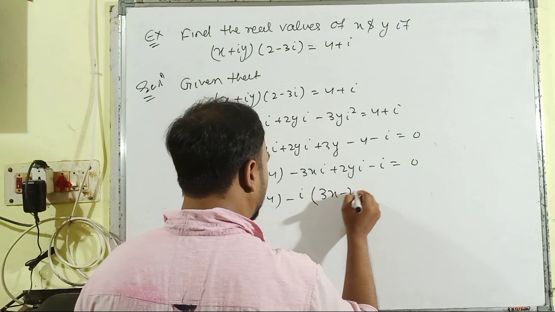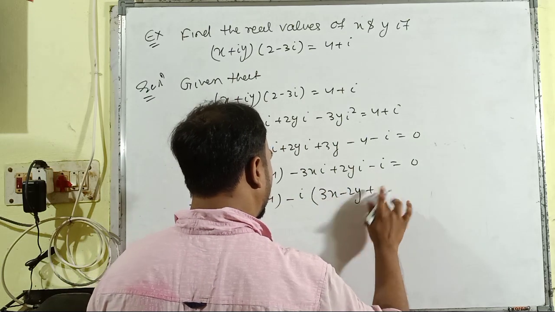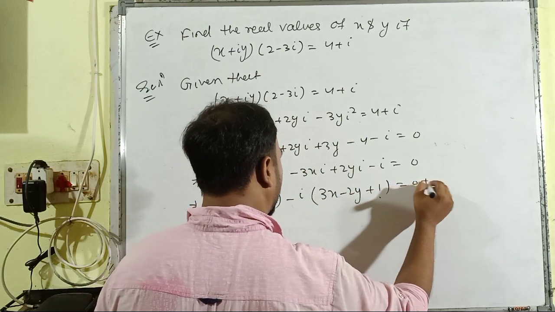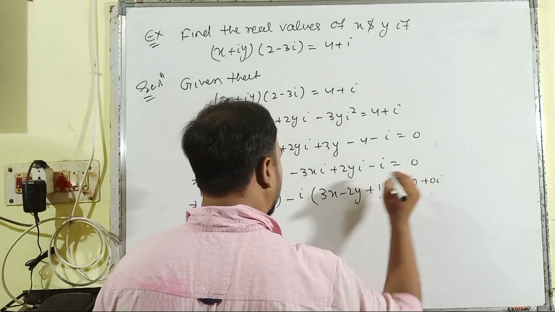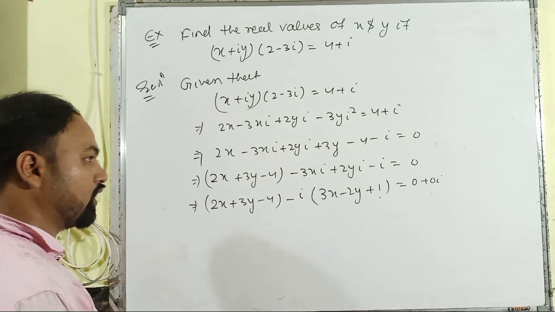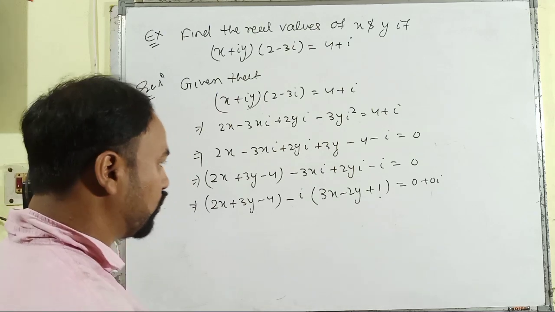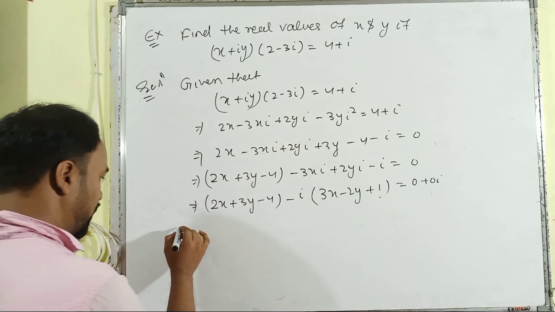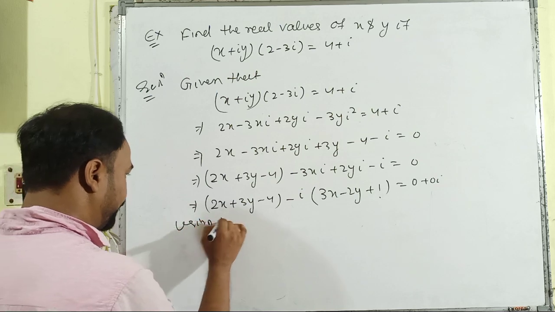Here it will be (2x + 3y - 4) minus i(3x - 2y + 1) is equal to 0 plus i0, because we can write 0 plus i0 in place of 0, as it is the unique complex number which is both purely real and purely imaginary.